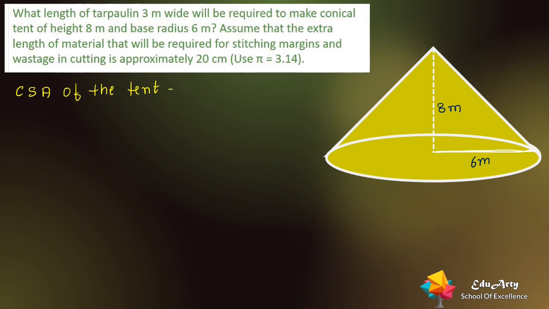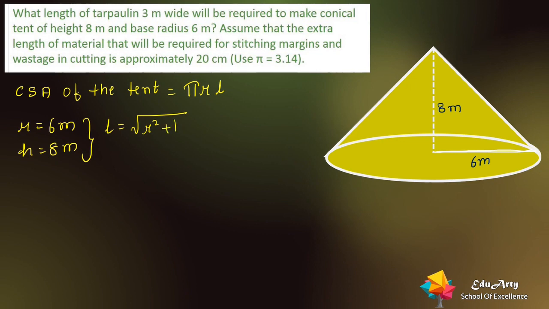That's equal to pi r L. Pi value is already defined. Now what we don't know is L, correct? But we know r is equal to 6 meters and h is equal to 8 meters. With the help of both of these we can say that L is equal to root of r square plus h square.